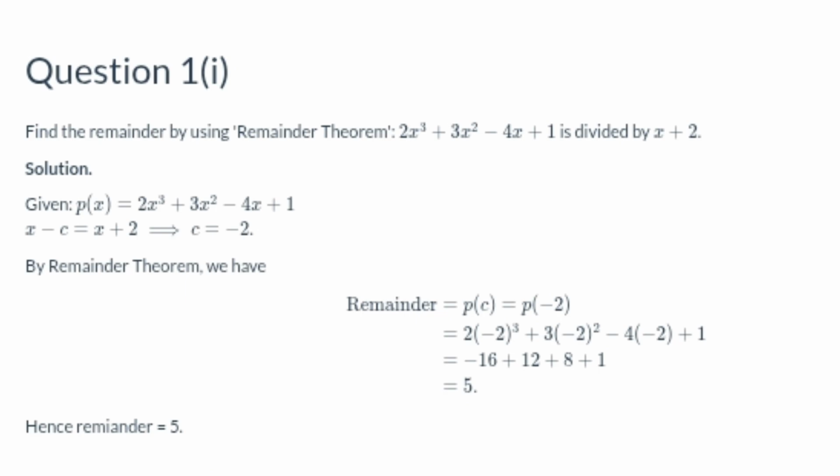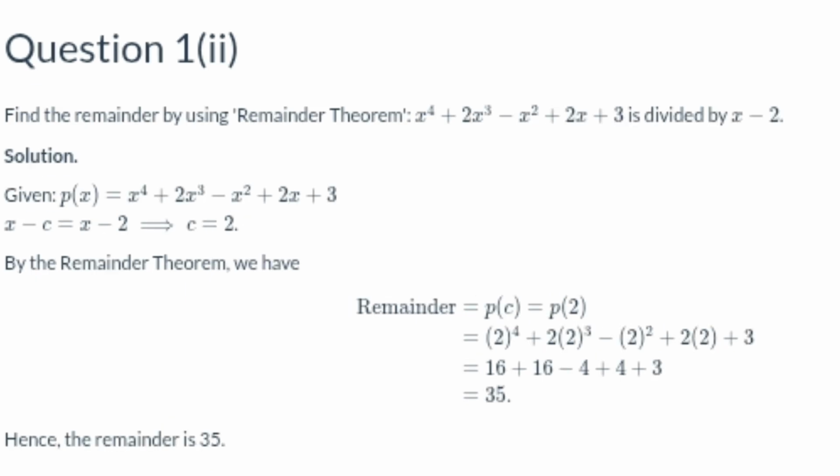Substituting -2 for x, p(-2) equals 2 times (-2) cubed plus 3 times (-2) squared minus 4 times (-2) plus 1. This simplifies to 2 times (-8) plus 3 times 4 plus 8 plus 1, which is -16 plus 12 plus 8 plus 1. The result is 5. Hence, the remainder is 5.